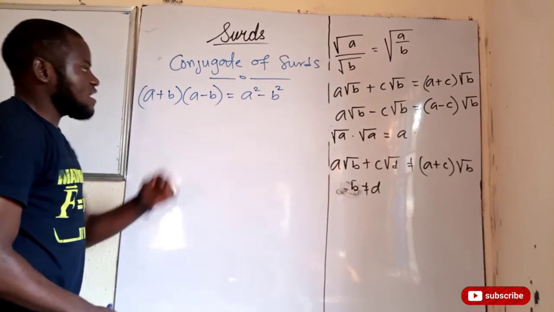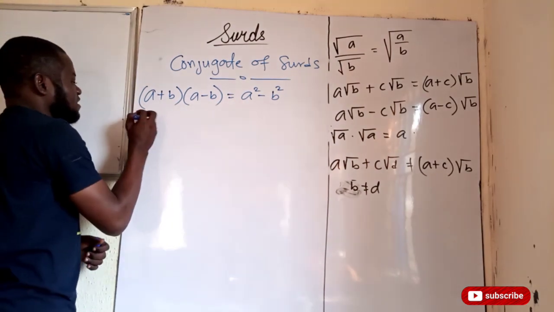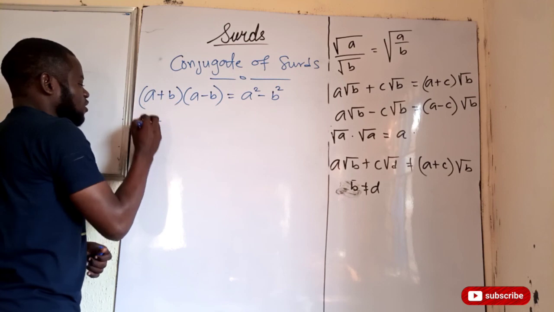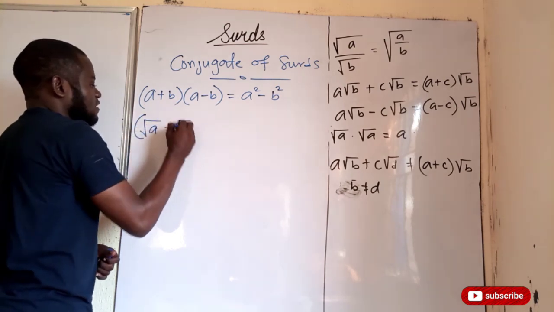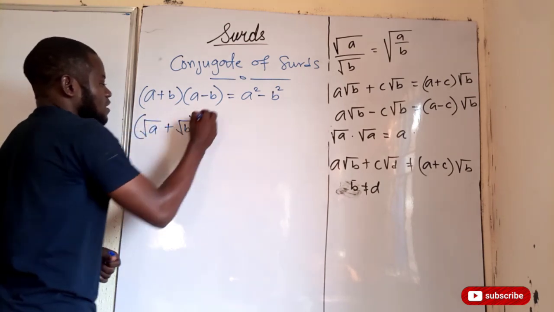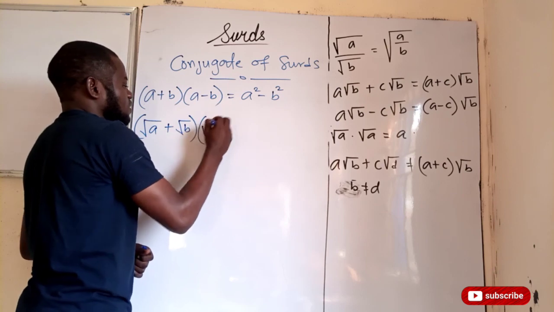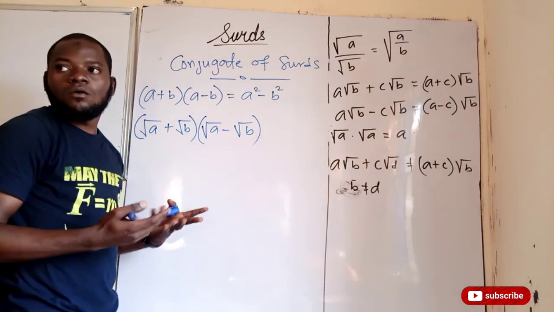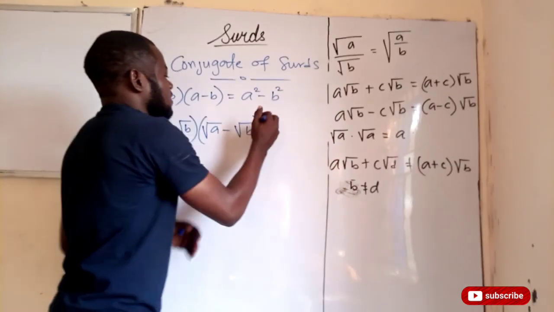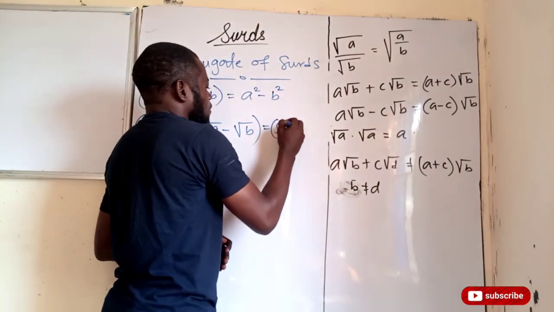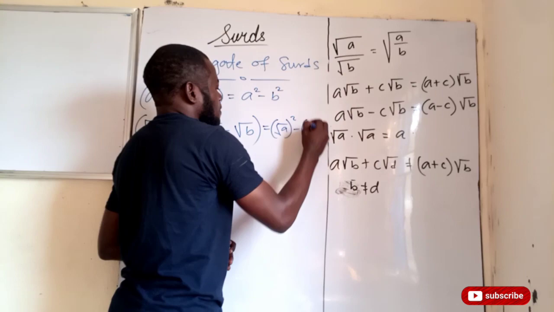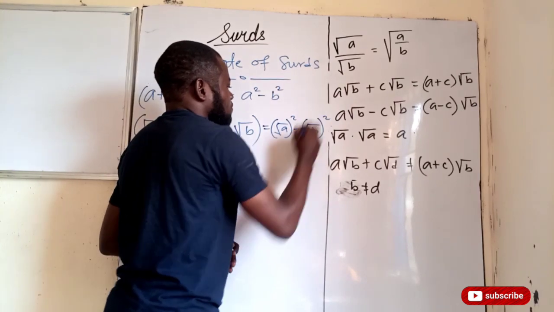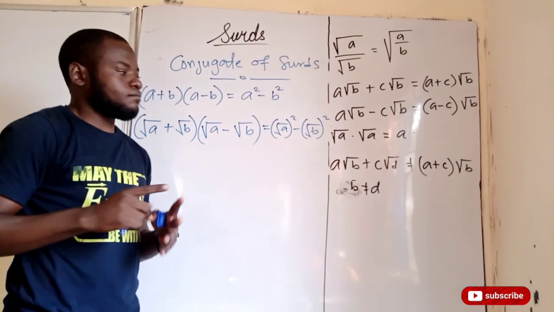Okay, if this gives us this, now let us consider this irrational number a and this irrational number b, and this irrational number a minus irrational number b. You know, this is going to give me the square root of a all squared minus the square root of b all squared.